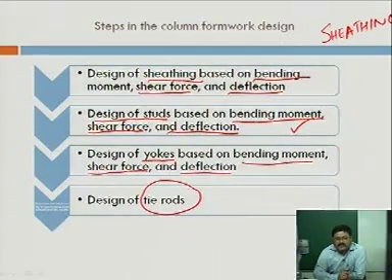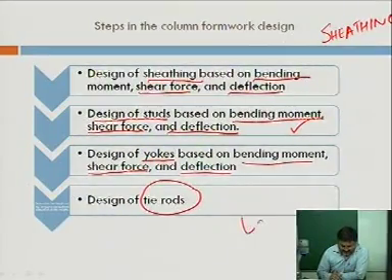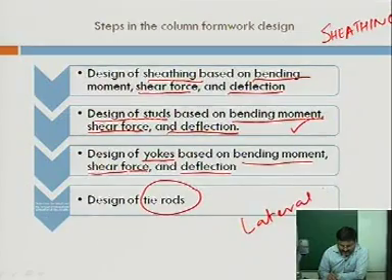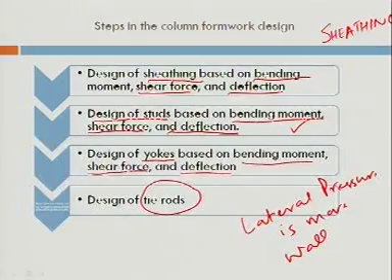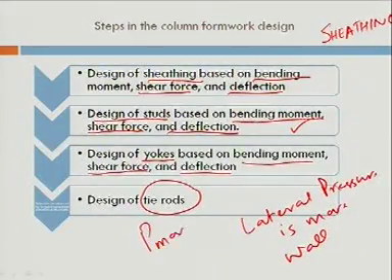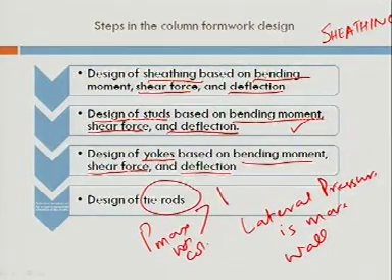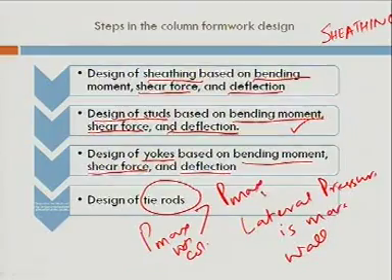One thing, if you remember, in the last class I told you that the lateral pressure of concrete in a column is more compared to wall formwork pressure. Compared to wall, in a column you find P max is greater. So, P max in the case of a column is greater than P max in the case of, say, a wall, or for that matter a foundation.